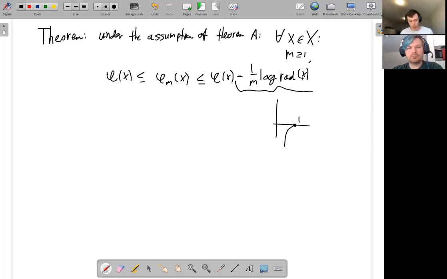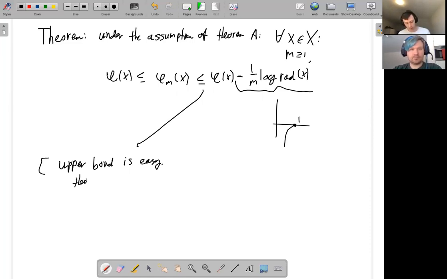Yeah. So I'll just briefly say something about the proof. So the upper bound is easy. Well, I mean this one. No, wait, the other one. Sorry, this one. And for the lower bound, you use this theorem, theorem A. Okay, so how do you apply it?